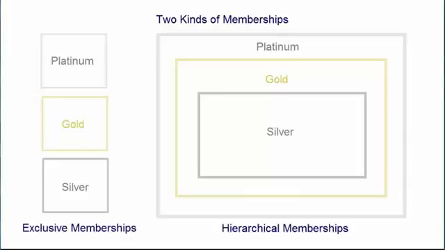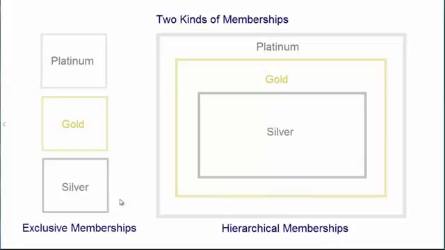Basically, it was a set of things that contained something. Regardless of what they call them, I've diagrammed here for you the two types of memberships that iMember360 supports, and that is exclusive memberships and hierarchical memberships.